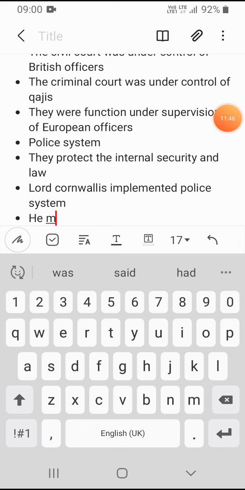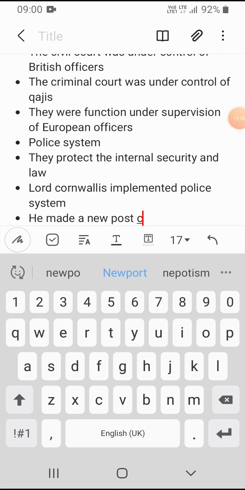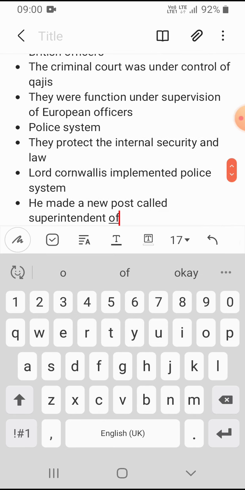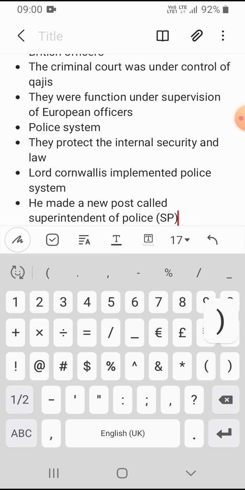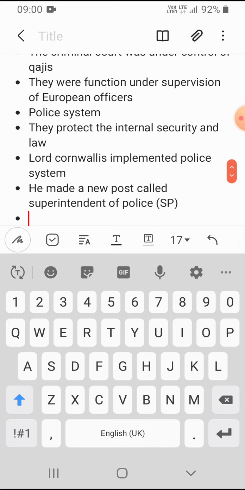He made a new post called Superintendent of Police, SP.